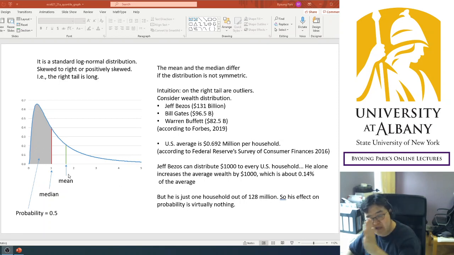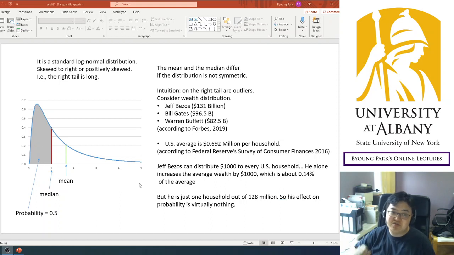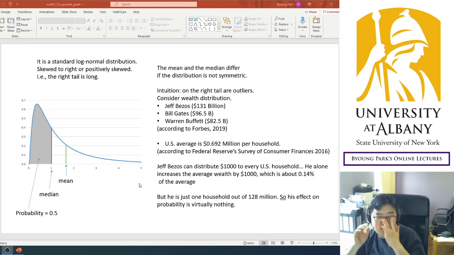The mean moves toward the tail more than the median. So if your distribution is skewed to the right, then the mean is on the right side of the median. Vice versa, if the distribution is skewed to the left like this, then the mean is smaller than the median. This happens because of the tail, the outliers.